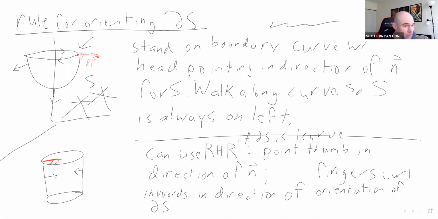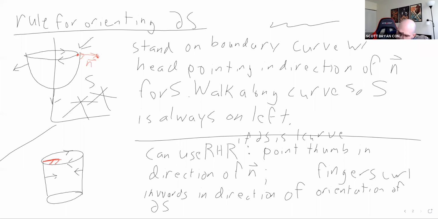We want that to be our left. So our left is facing the surface. If that's our left, we're going around, whoops, in this direction. Does that sort of make sense?